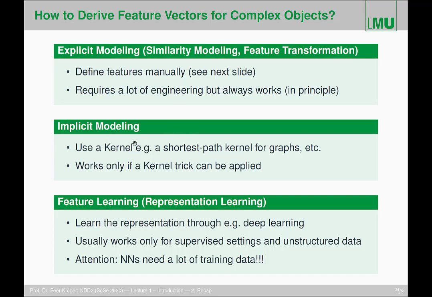Then there is some kind of orthogonal way, which is called implicit modeling. Here you use implicit transformations. For example, a kernel, which we got to know in KDE1 kernel methods.